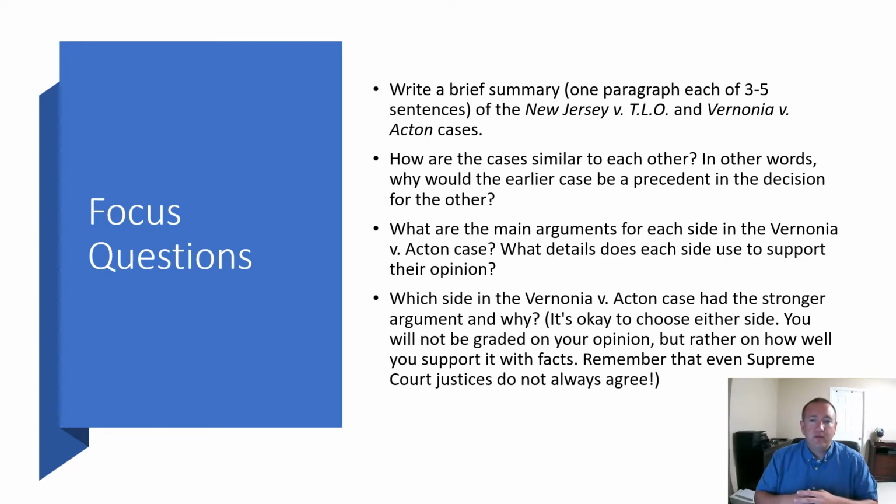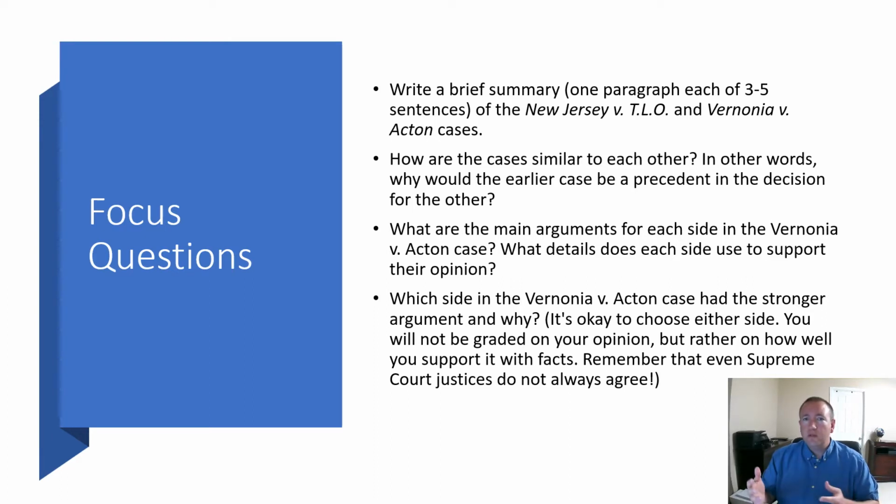Which side in the Vernonia versus Acton case had a stronger argument and why? This is where you get to give your opinion. Which one do you think has the stronger argument? There's not a right or wrong answer to this one. Again, you don't have to side with the majority opinion. It's just that, an opinion. There are dissenting opinions, and you are allowed to have a dissenting opinion as well.